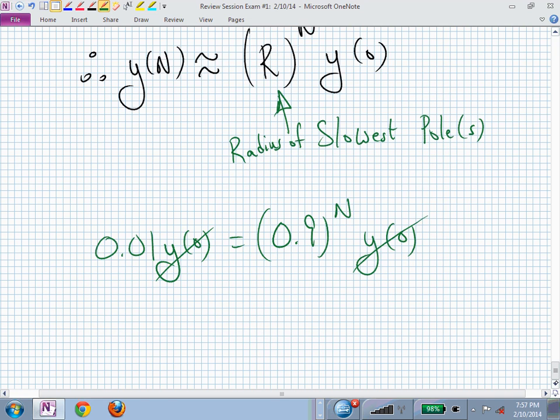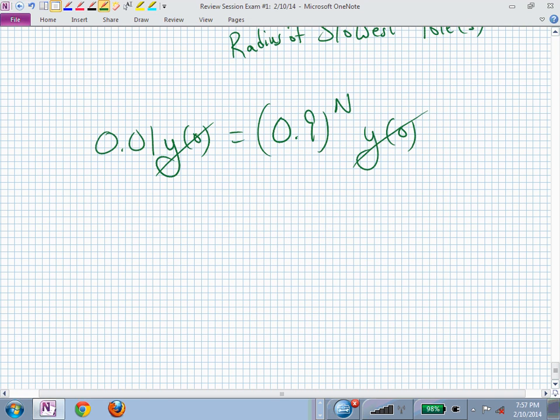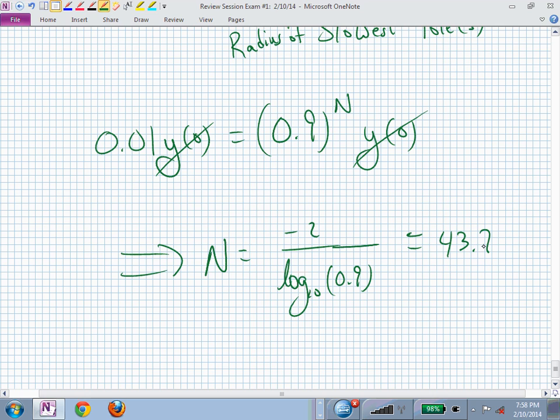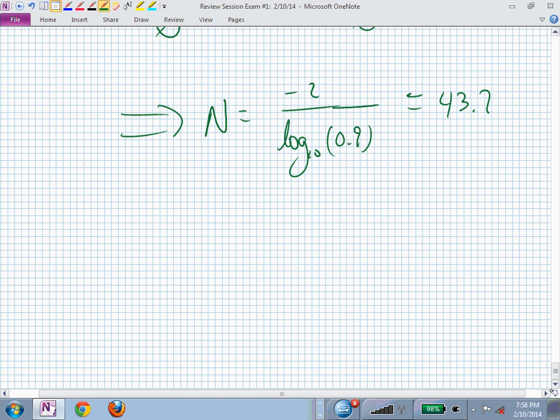And now we simply use our logarithms or however else we want to solve this, but probably the base 10 log is easier with 0.01. Solve for n, and we have minus 2 over log base 10 of 0.9, and we end up with this equaling 43.7. So how many samples is it going to take before I get less than 1% of where I started? 44 samples.